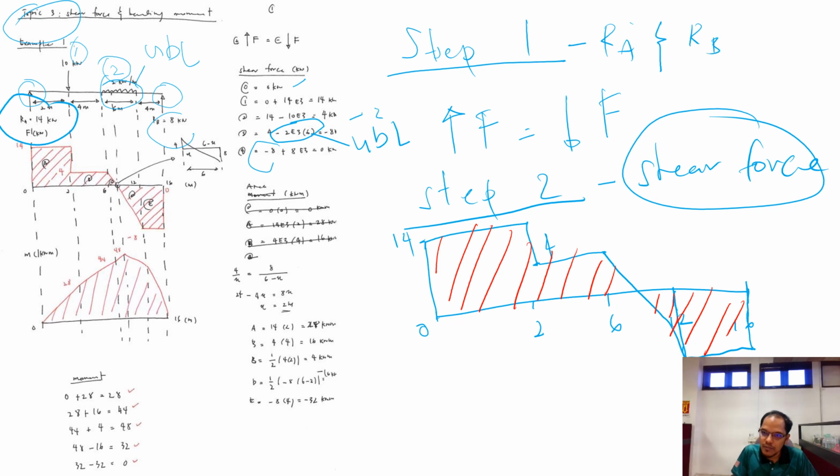Once you got RA and RB, then you're going to proceed for the shear force. Shear force is very straightforward. We managed to sketch it, similarly to what been plotted by me here. So it's going to be much more easier for you guys to follow.